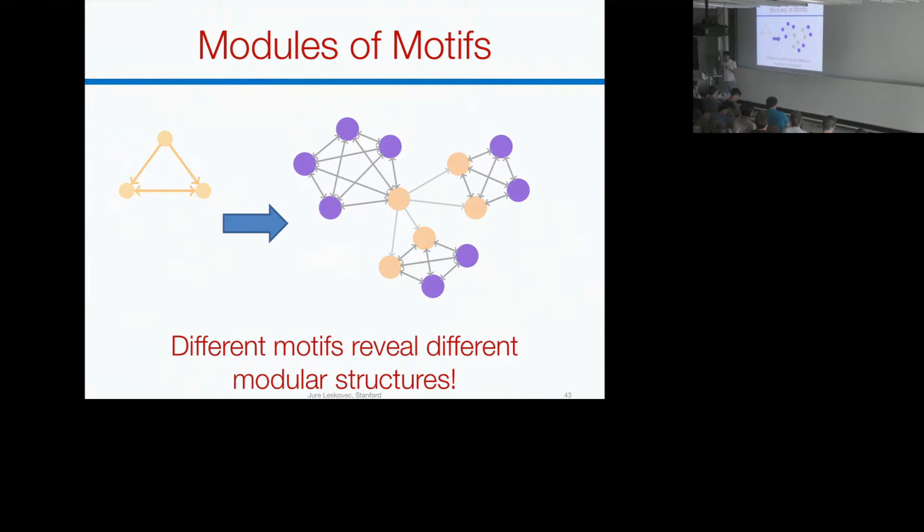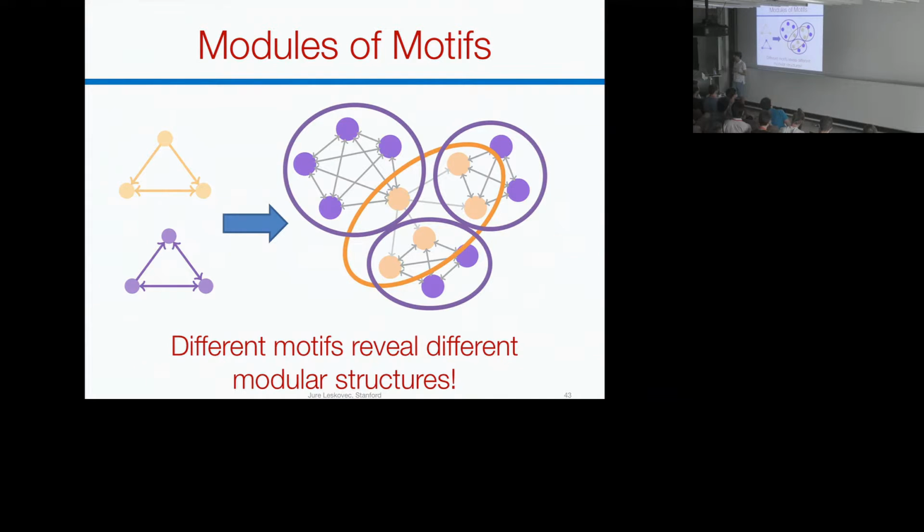And what you have to notice is that given the substructure, I will discover different types of clusters, right? So if you are interested in this particular type of triangle, this is the cluster I should discover. But if you are interested in, let's say, that particular triangle, now all the edges are bidirectional, these are the clusters I should discover, right? Because here are all these bidirectional triangles in these cliques, right? So these are the clusters I should discover.